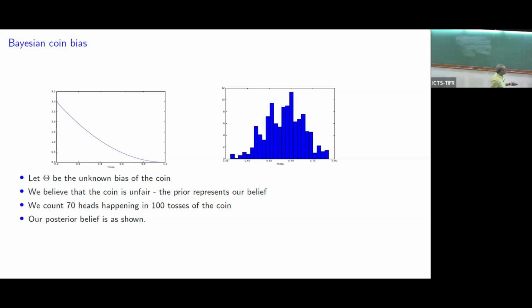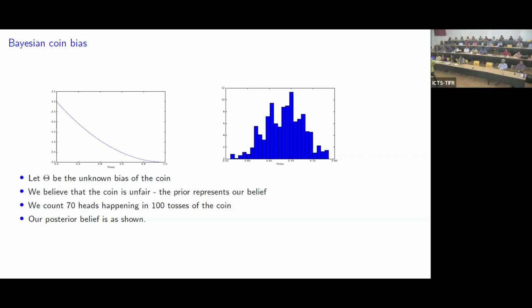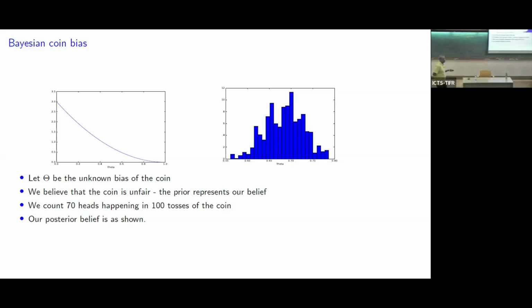So in this case, it is biased, I think. Finally we are getting a distribution which is not around 0.5. It is around 0.7, 0.65, something like that. Okay. So this is our posterior belief.